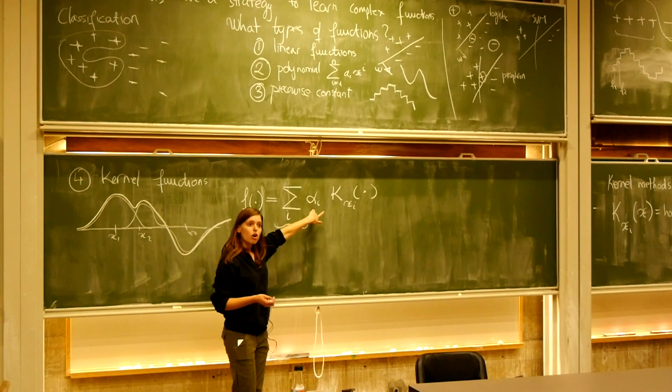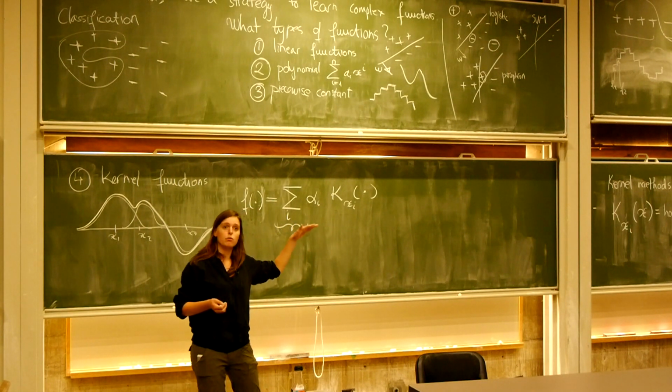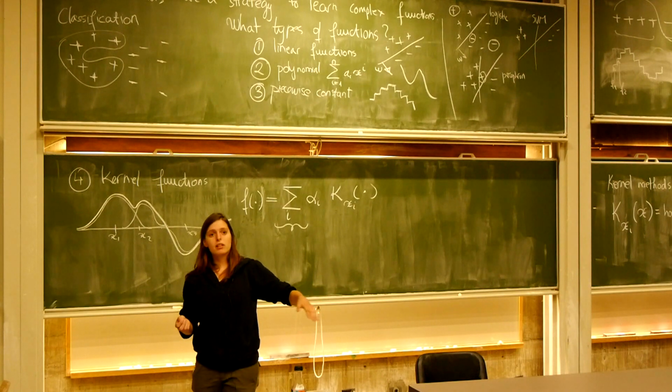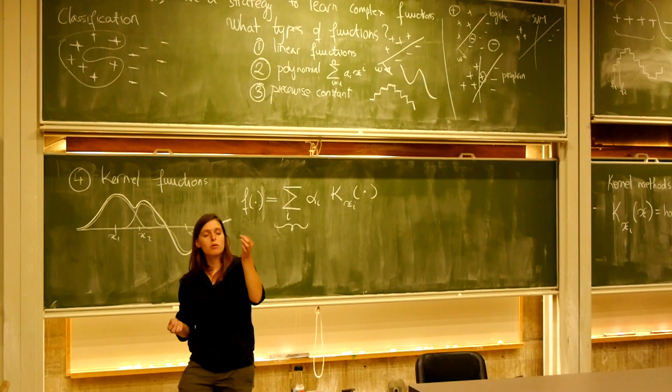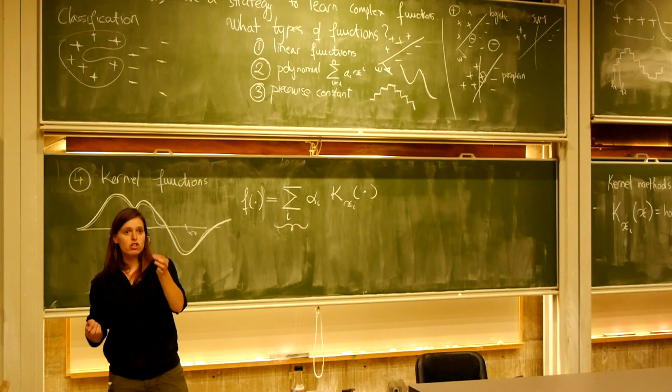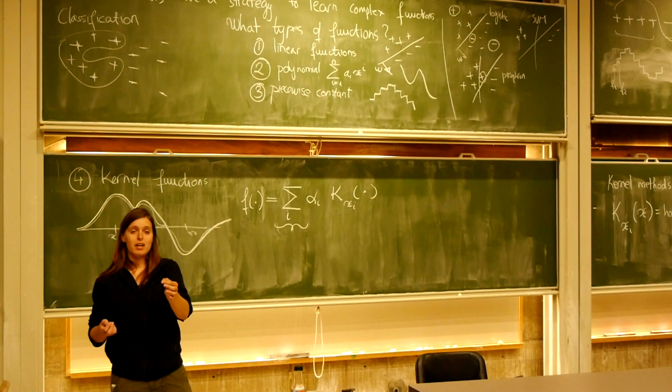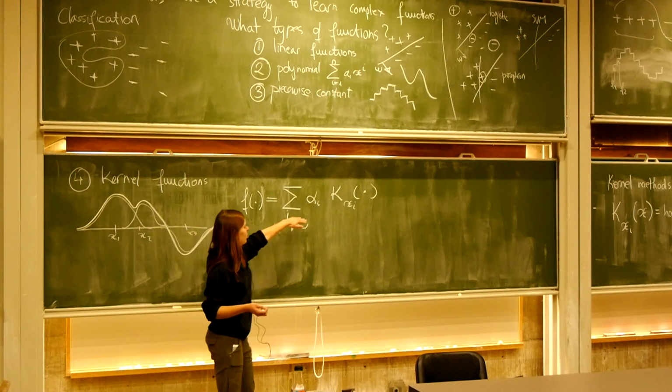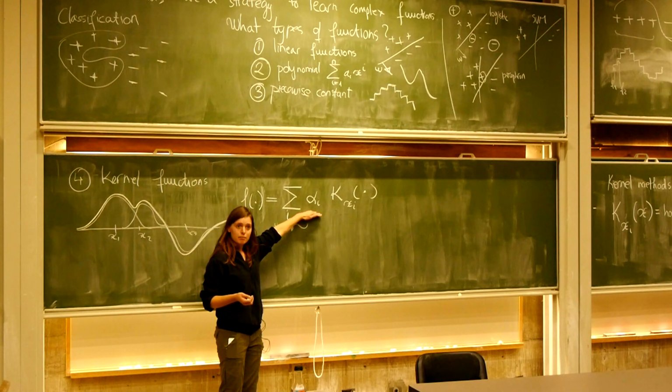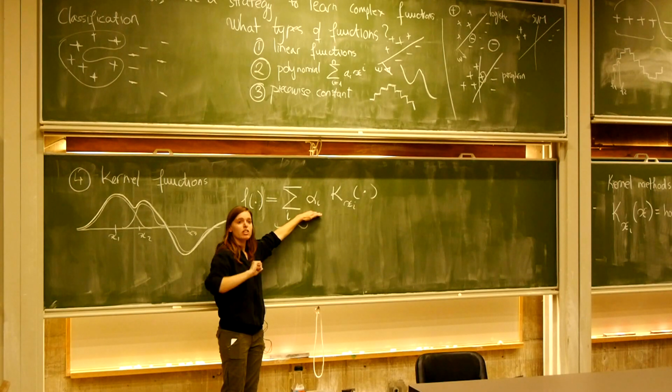And whenever you saw an exception that said your function should be bigger or smaller than it was, for example, if you labeled it as a minus and you saw a plus, aka your function should be bigger, you said, fine, I'm going to add a blob on top of this point to make it bigger. And you added a blob by incrementing alpha i. Specifically, you added yi to alpha i.